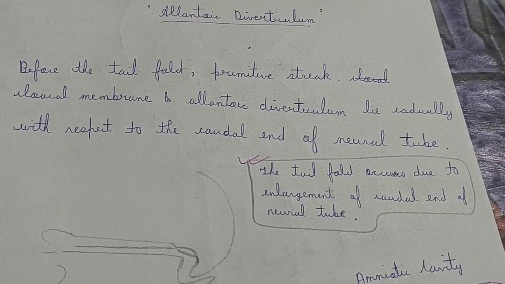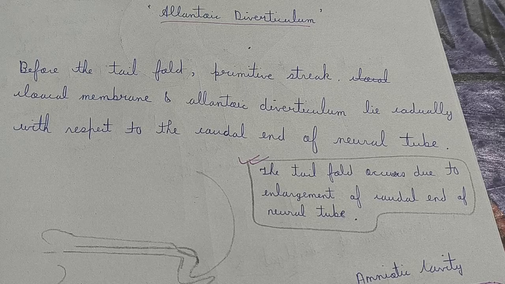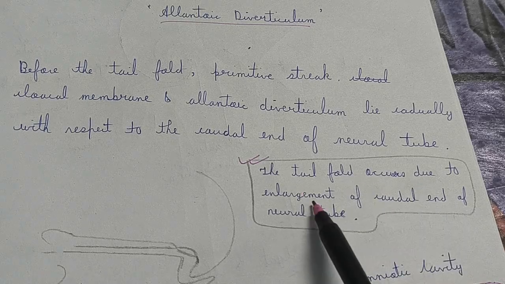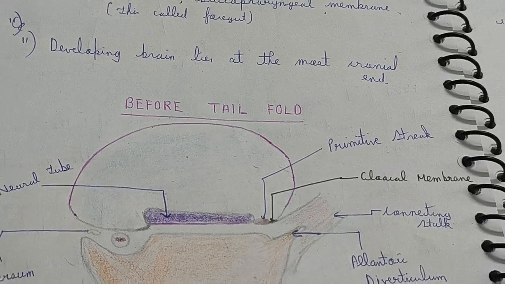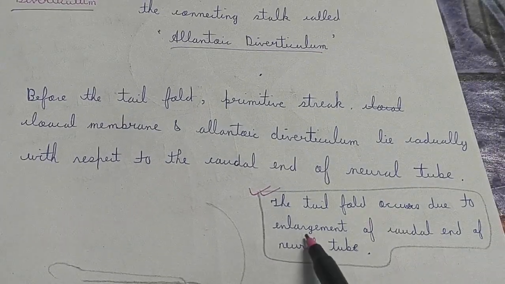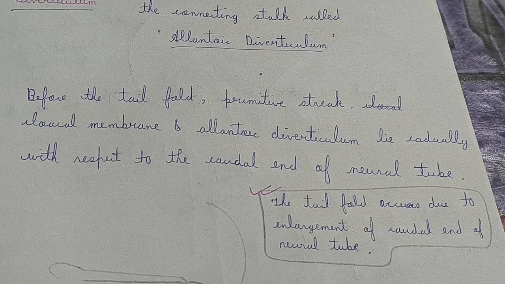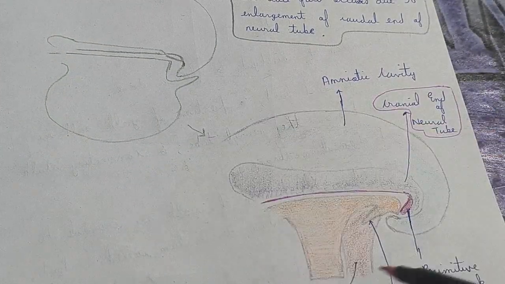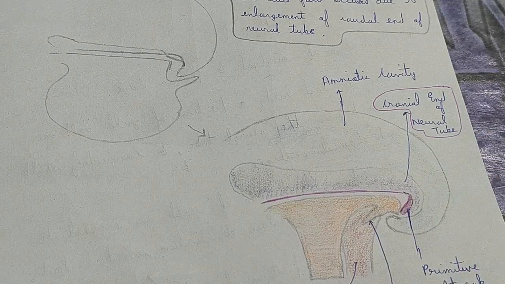So this is the condition. Now what is the reason for the occurrence of the tail fold? The tail fold occurs due to the enlargement of the caudal end of the neural tube. Here are the situations happening during the tail folding process.